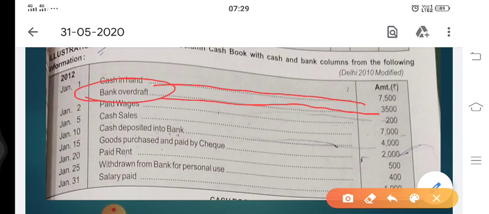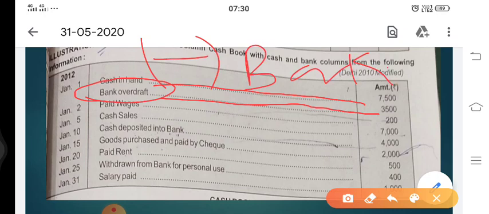Now we should understand what bank overdraft means. So students, bank overdraft is a negative balance of bank. It's a negative balance of our bank balance. We can say that it's a facility given by the bank to its current account holder to withdraw extra money.